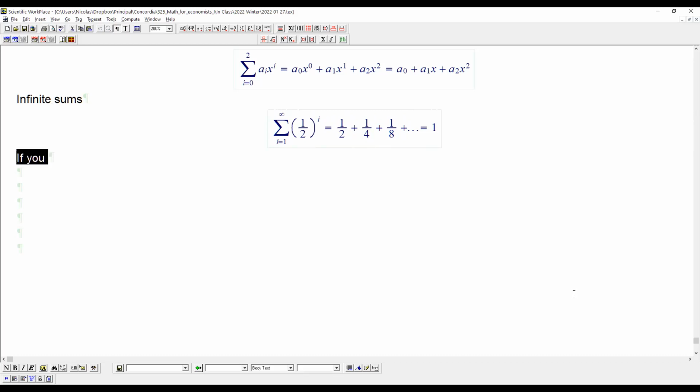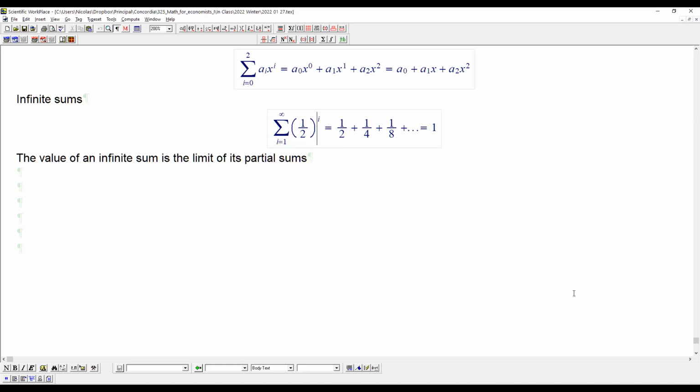And the value of an infinite sum is the limit of its partial sum.